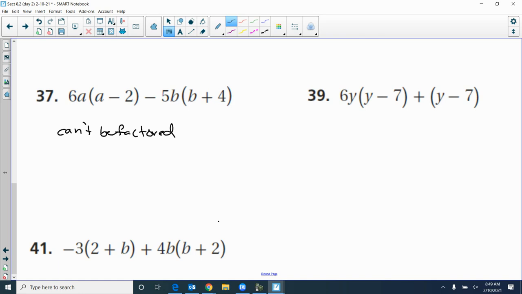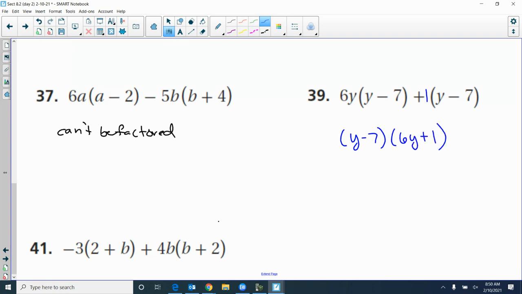Okay, 39. You're looking for what's in front of the y minus 7. If you look on this second one, there's nothing in front of there. So put a 1 there. You can always put a 1 there. So that gives me y minus 7. And then I get 6y plus 1.